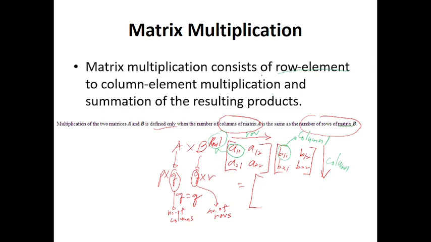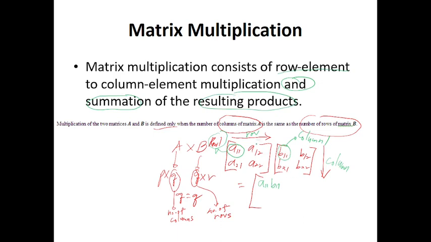Multiplication. So, that means A11 times B11. Let's multiply. Okay? Row element to column element multiplication. And summation of the resulting products. Oh, the summation later.